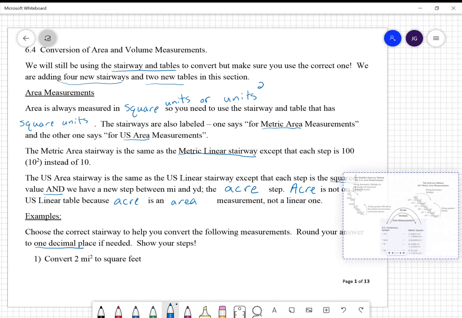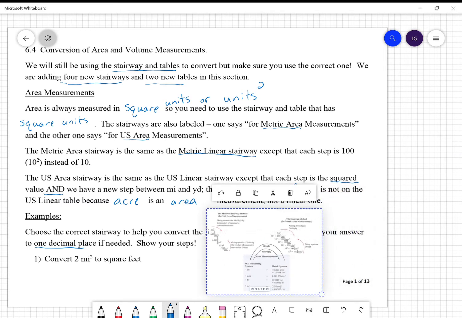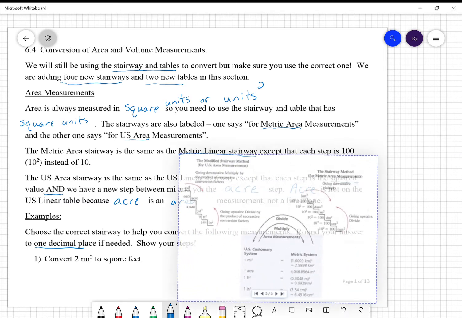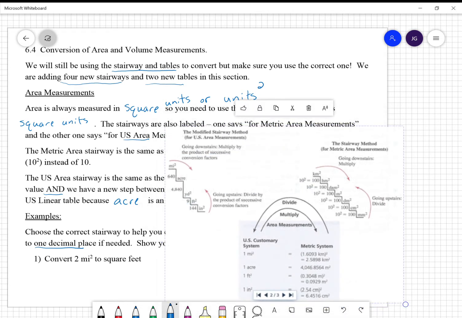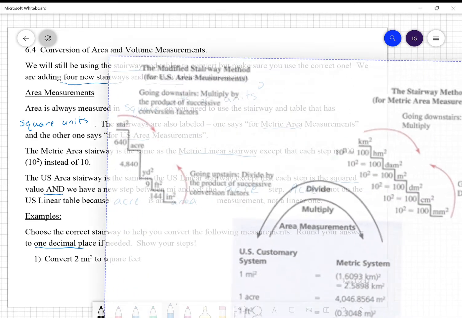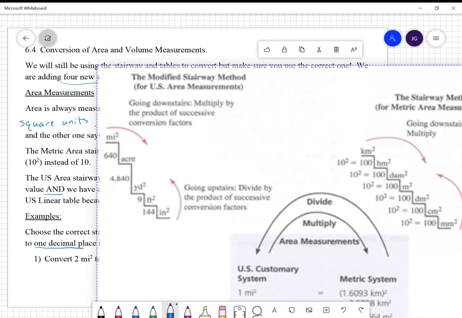So I'm going to move the table over and I will make it bigger. We're using this table because it is area, and I'm doing square miles to square feet.